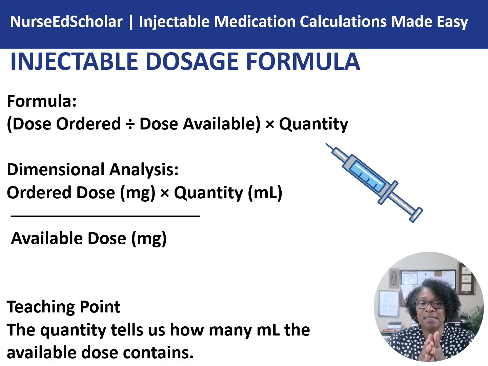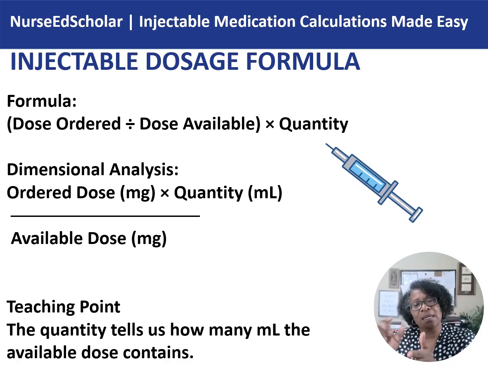You can put the ordered dose divided by the available dose and put the quantity, which would be a milliliter, on the side, so it would be 1 milliliter, or however many milliliters are in the vial or the available dose.